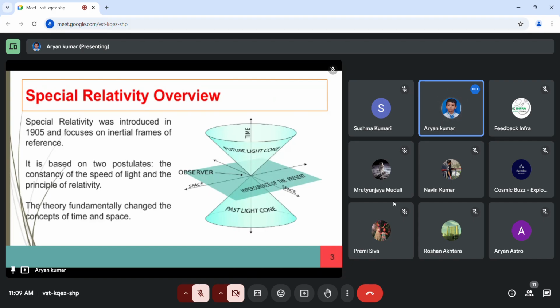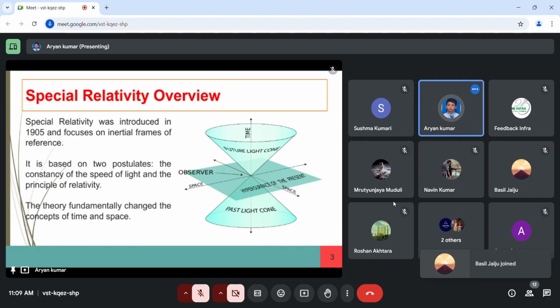Special relativity is a fundamental theory in physics that describes the behavior of objects when they move at constant high speed relative to each other. There are many key principles: the speed of light is constant, time dilation, length contraction, and the laws of physics are the same everywhere.